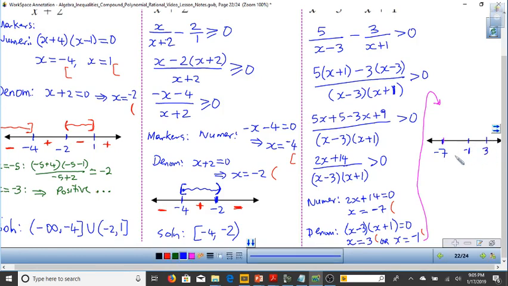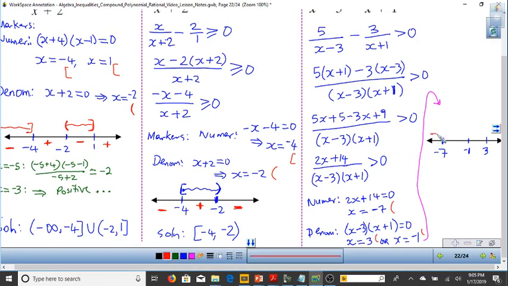So I try a number to the left of -7, say -10. 2 times -10 is -20 plus 14. That's a negative number. -10 minus 3 is -13, and that's a negative number, and then -10 plus 1 is -9. So you have a negative divided by the product of two negatives. That's a negative divided by a positive, and that gives you a negative.